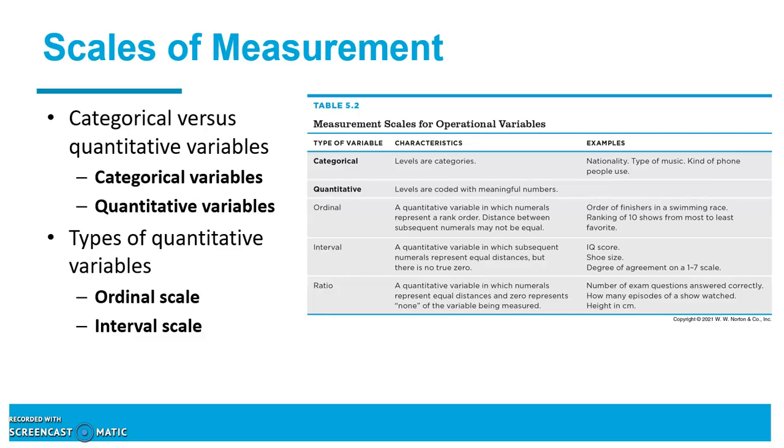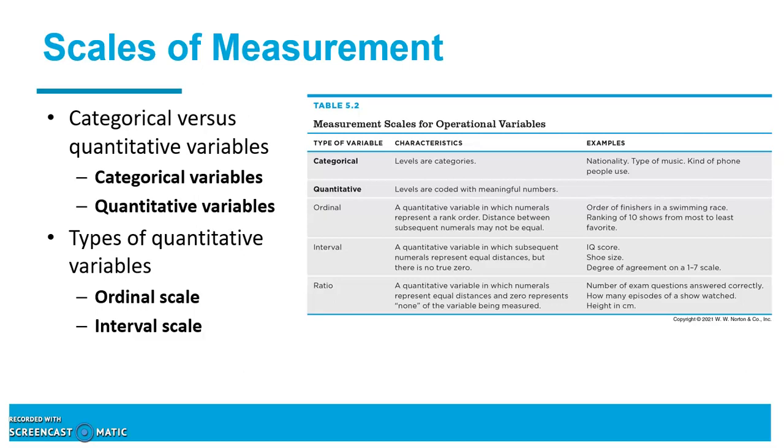However, the numerical distance between 1 and 2, 2 and 3, is equal, but it may not reflect actual equal distance between those ranks. So first place might have been very far ahead of second, but second and third were really close together, but they still are just ranked 1, 2, and 3.